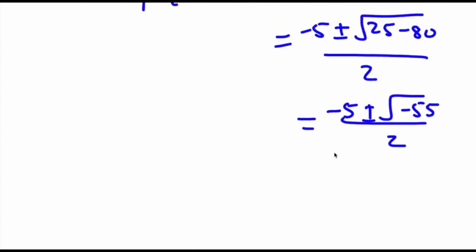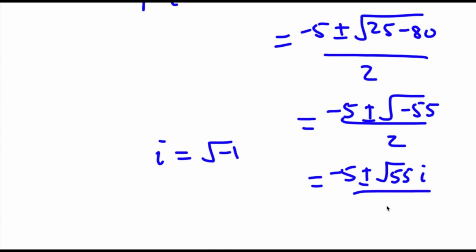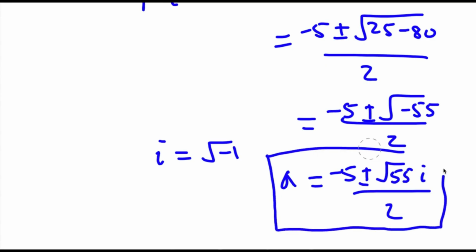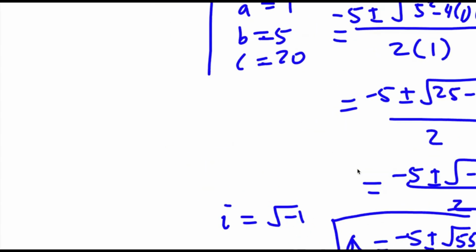Now, the square root of negative 55 can be written as the square root of 55 times i, and i is equal to the square root of negative 1. So I have this over 2, and this is another, or 2 more solutions to this problem.